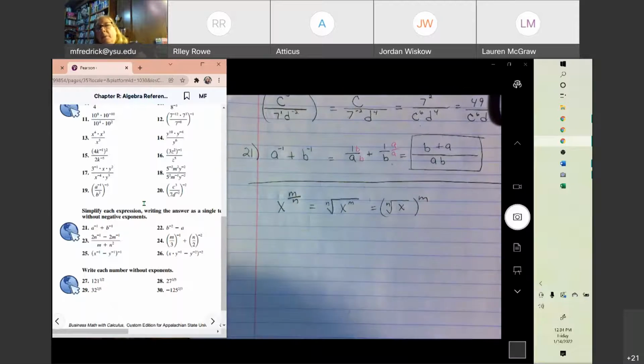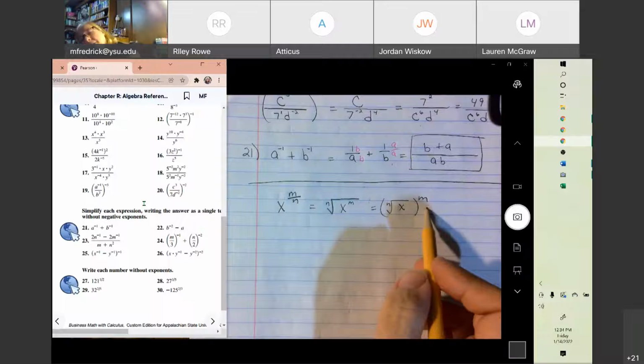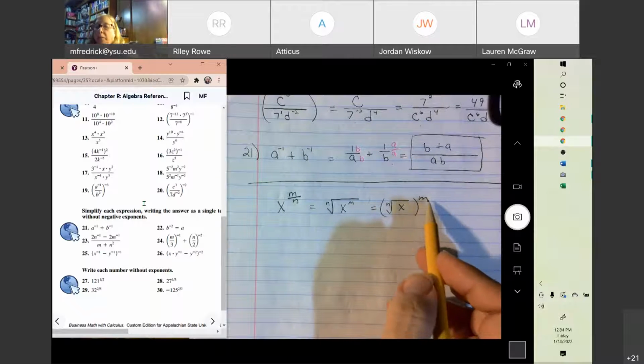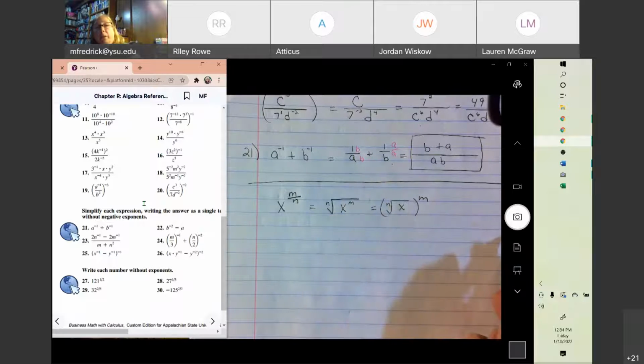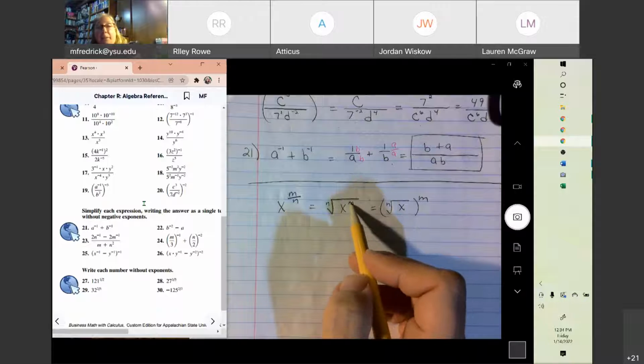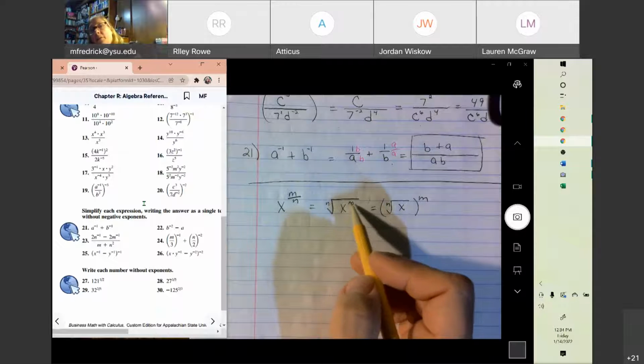Most of the time, if you're simplifying, you'll want it on the outside so that this makes your number smaller, and then cubing or whatever your exponent is on the outside, it'll get bigger. Putting it in here first, if you had a 9 to the 5th power, I don't know that you'd want to do it in there.